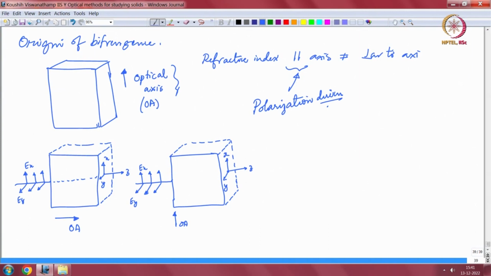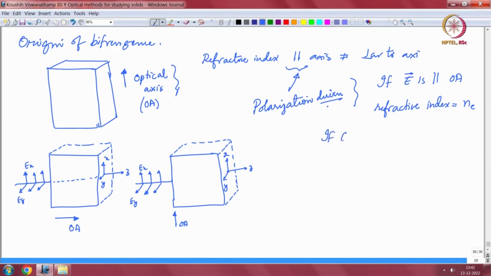Okay. In the first case, the optical axis is in the direction of propagation. So, if the polarization is parallel to OA, or if the electric field vector, this is what I am referring to as polarization, if the electric field vector is parallel to OA, then the refractive index is let us see nE, it is just a nomenclature, subscript E refers to extraordinary, but does not matter for now, it is just a different value.